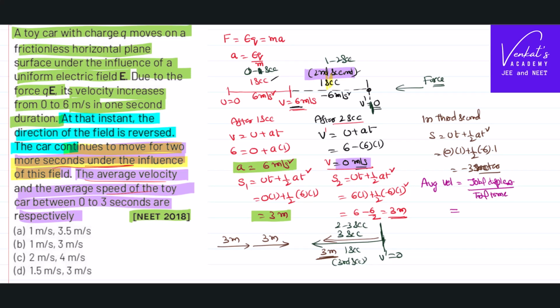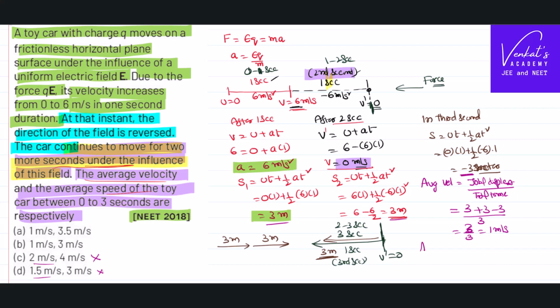Total displacement is in the first case 3 meters, in the second case 3 meters. But be careful, in the third case, it is minus 3 meters, by total time 3 seconds. That is 3 by 3, equal to 1 meter per second. That's the average velocity. So these two options are definitely ruled out because their average velocities are given differently.